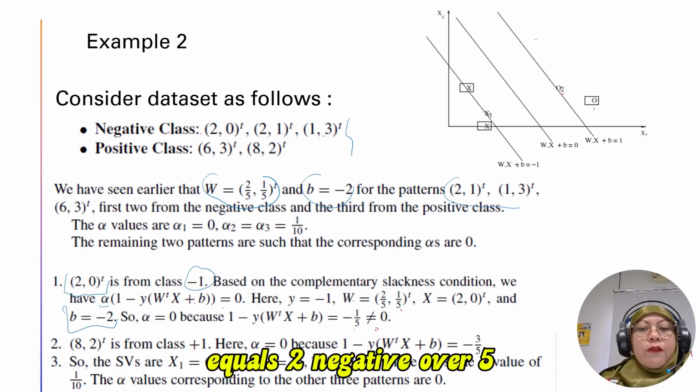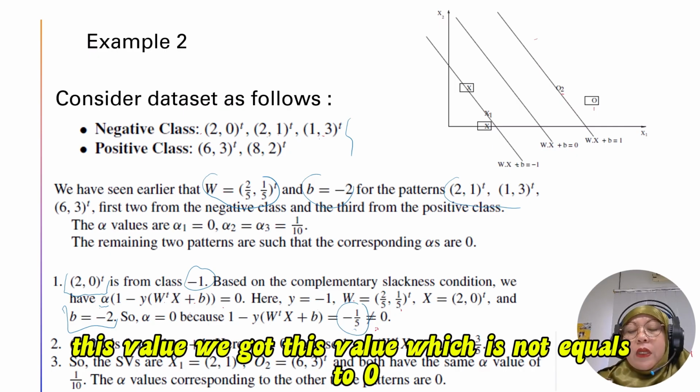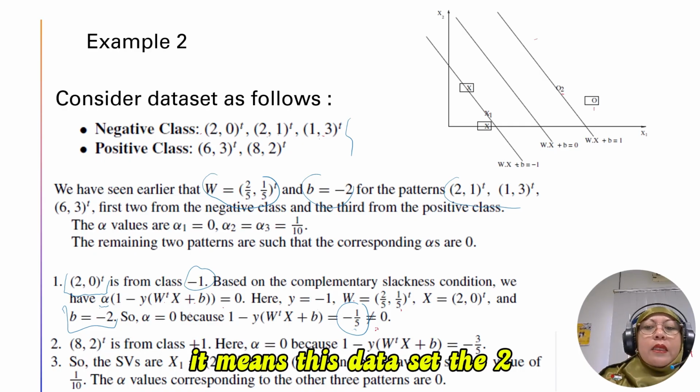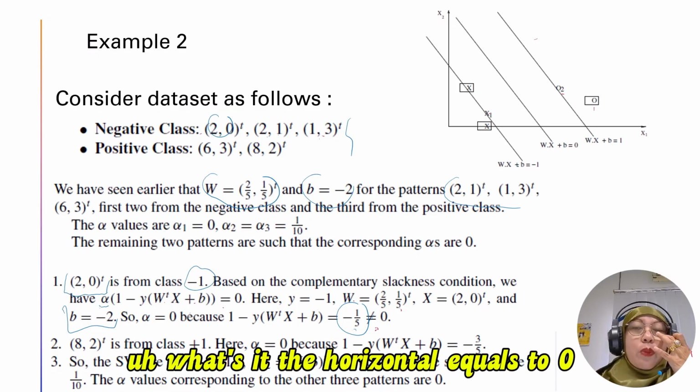It equals -1/5, so this is exactly not 0. When we compute it, we got a value which is not equal to 0. It means this data point, 20, doesn't lie on the border, on the hyperplane equal to 0.